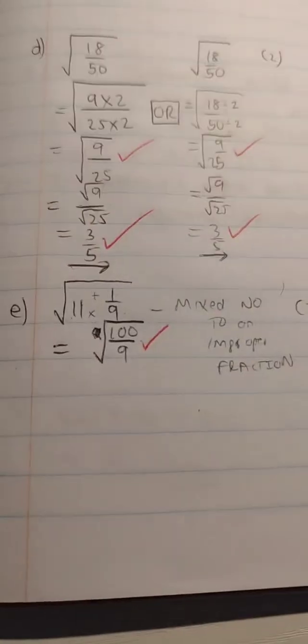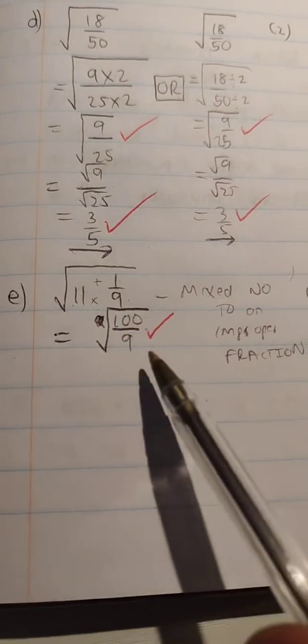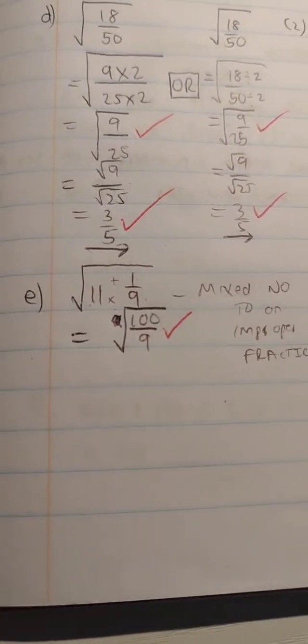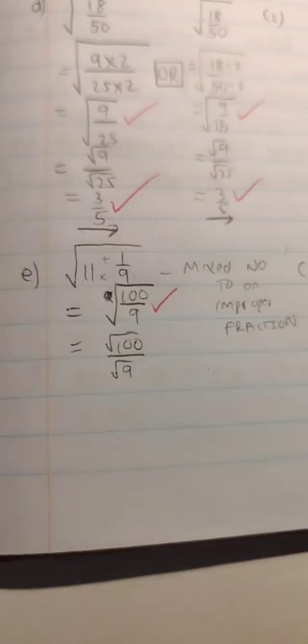Surely there would be a mark allocation there. What you now see at the bottom is a single fraction. It's a rational in nature. Then, using what I've just learned about splitting the root, if a fraction is underneath one root, division is the relationship, so I can split the root for division. So I'm going to say the square root of 100 over the square root of 9.